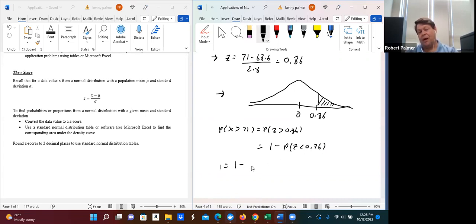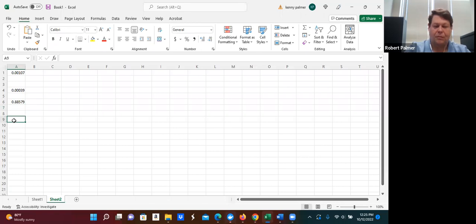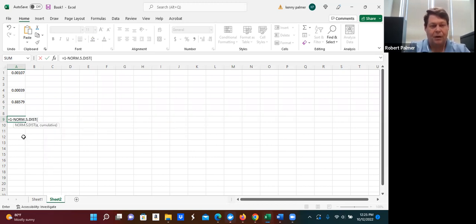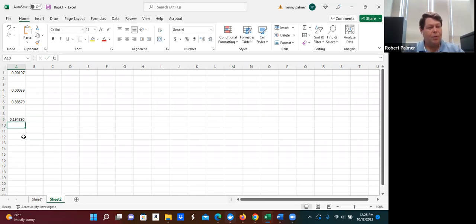In Excel, this will be 1 minus that same function, NORM.S.DIST, 0.86, and then true. Let's do that. Just start to type it in, and make sure you pick the right one. Then 0.86, then the word true. And that's going to be 0.194895.